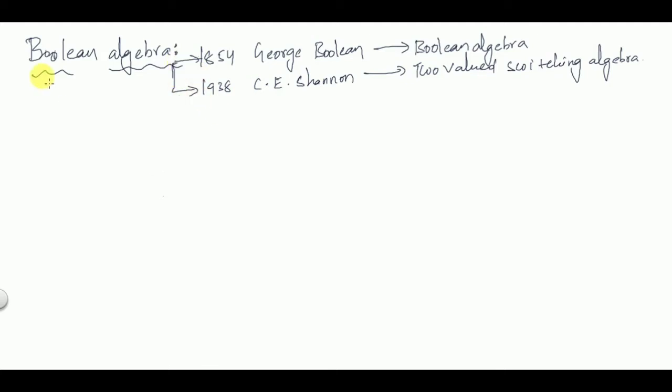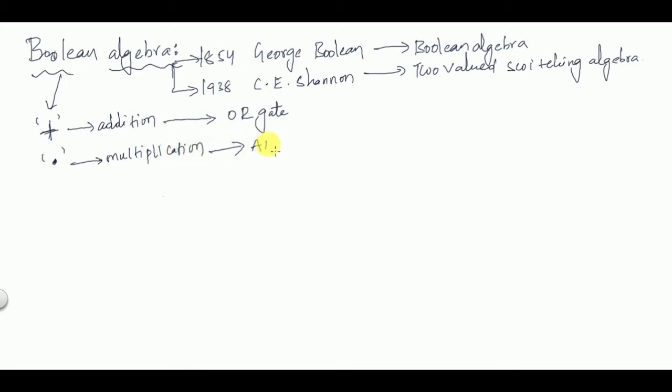So in Boolean algebra, wherever you see the symbol plus, which stands for addition, it represents a logic gate called the OR gate. We'll discuss these logic gates in my coming videos. Similarly, multiplication in Boolean algebra represents the AND gate.